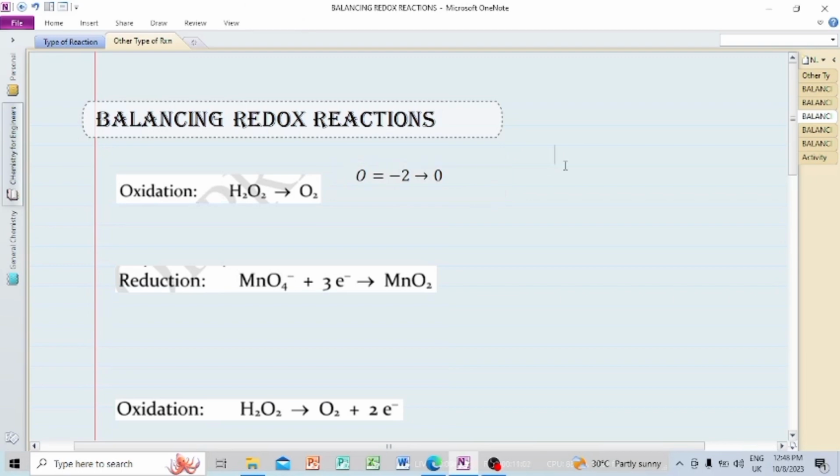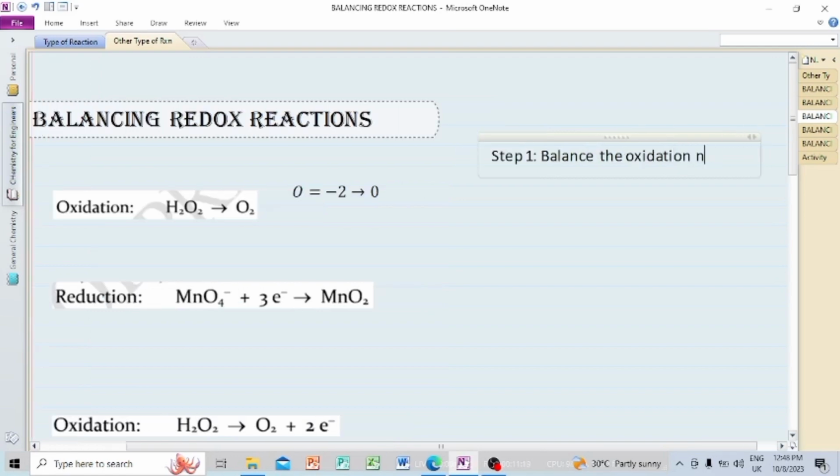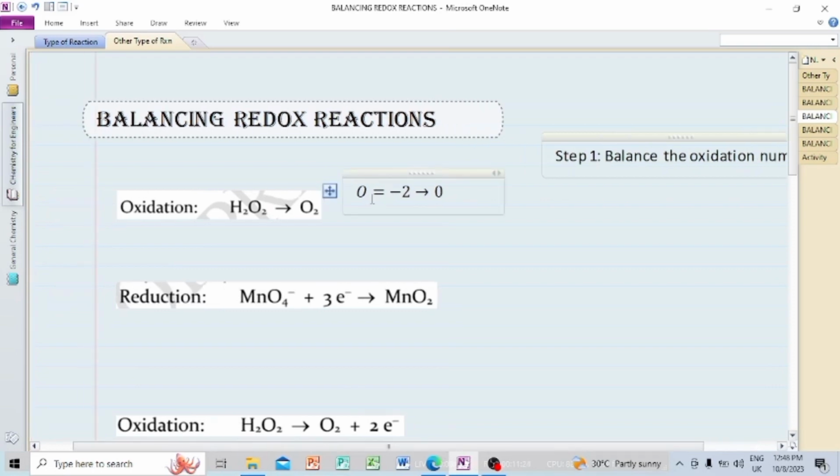Step 1 is to balance the oxidation number. In this half reaction, the oxygen goes from the oxidation number given, so for us to balance this, we add plus negative 2.